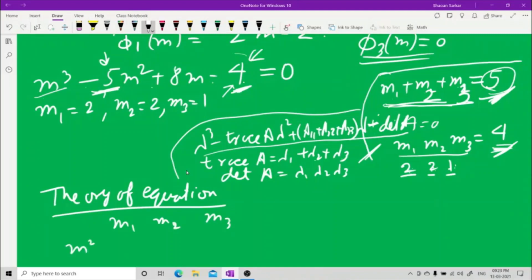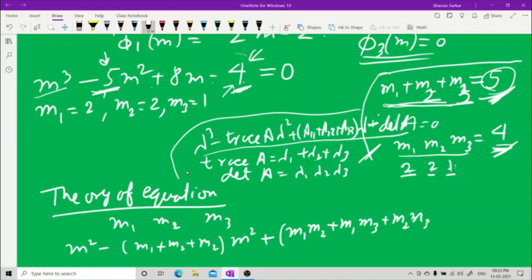Then m cube minus sum of the roots, m square plus product of the roots taken 2 at a time. This is the theory. M minus product of the roots.